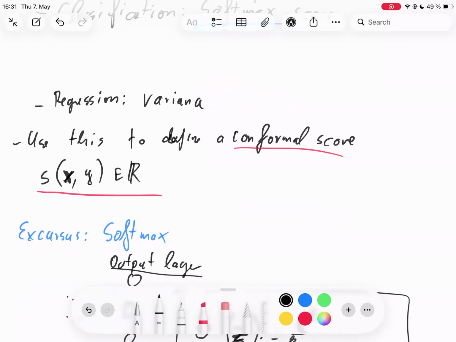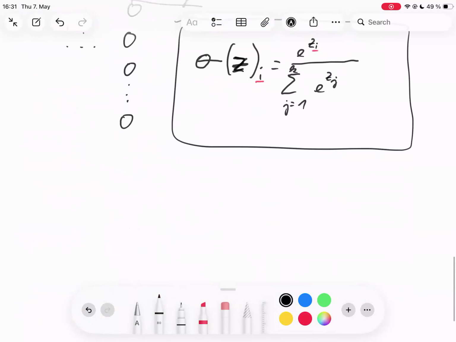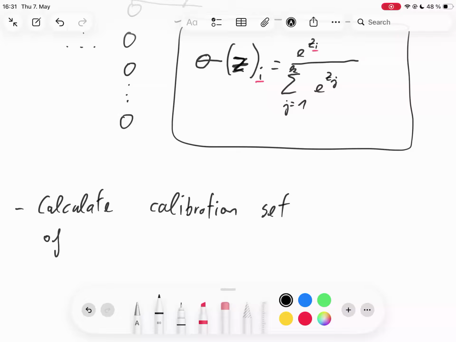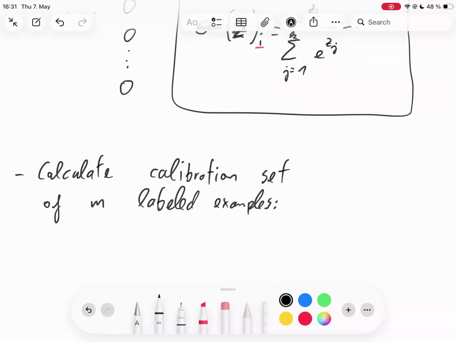What I can do now is I can next calculate a so-called calibration set of M labeled examples that we did not use to train our hypothesis.